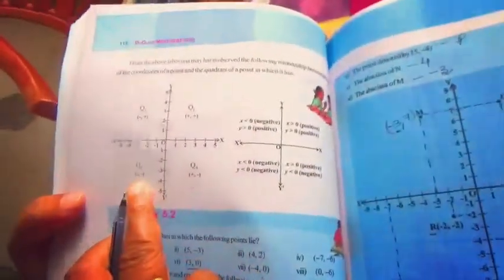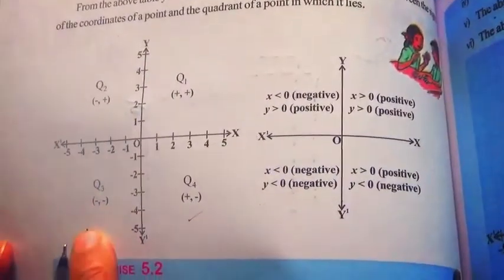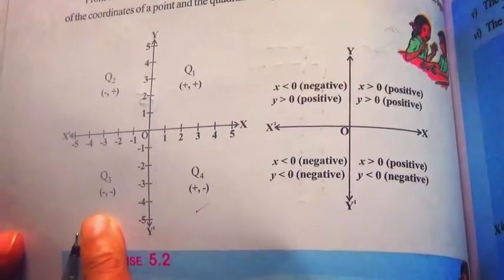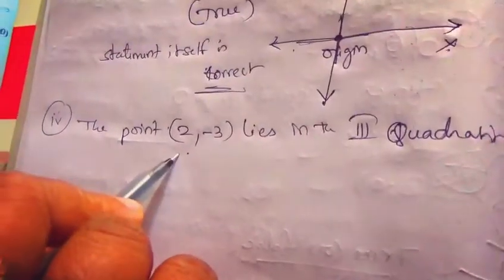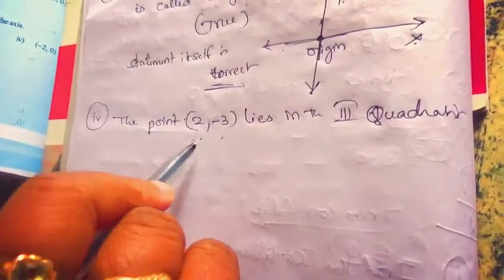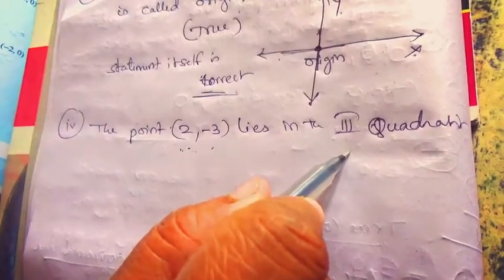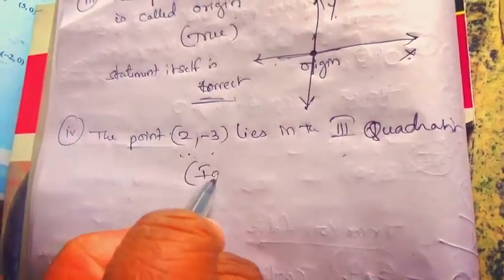In the third quadrant, both the x coordinate and y coordinate are negative numbers. But here the x coordinate is positive and the y coordinate is negative. So this point lies in the fourth quadrant, not the third quadrant, hence it is false.